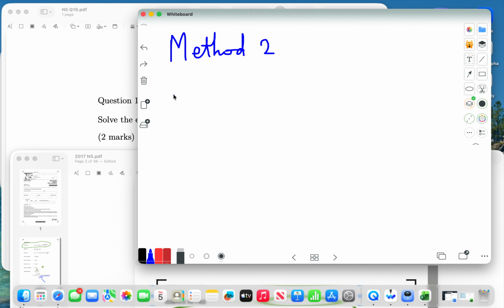So if I copy down the equation in the exam question, remember the term in front of the x squared is really 1, but you don't write 1x squared.